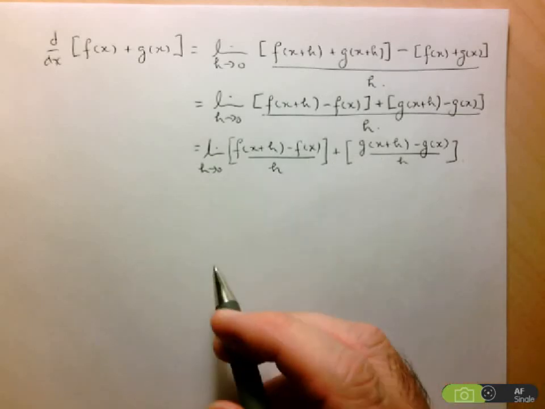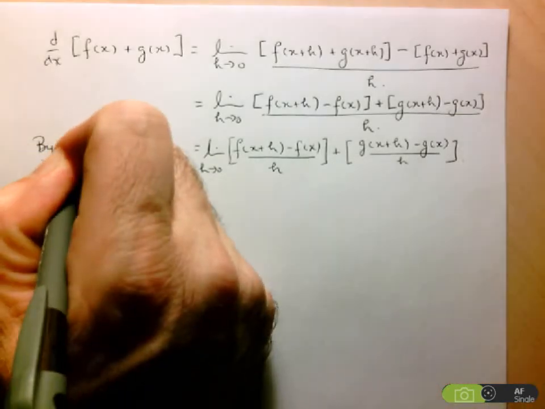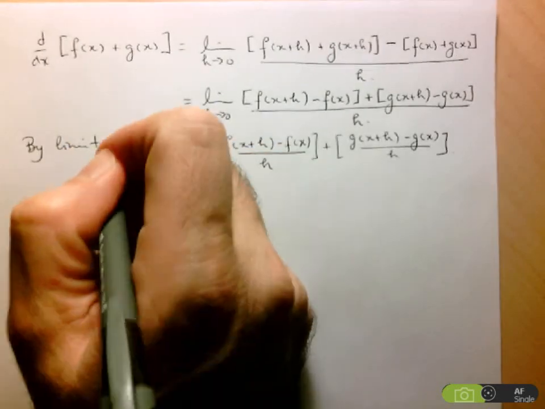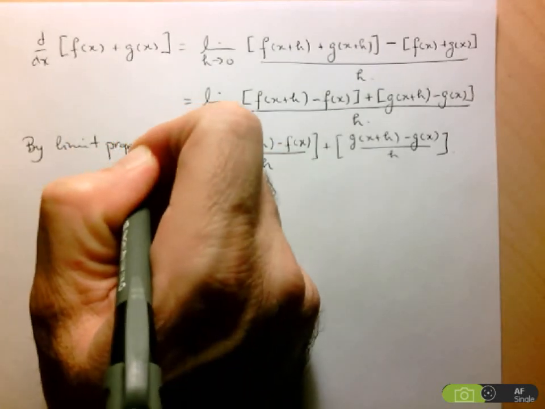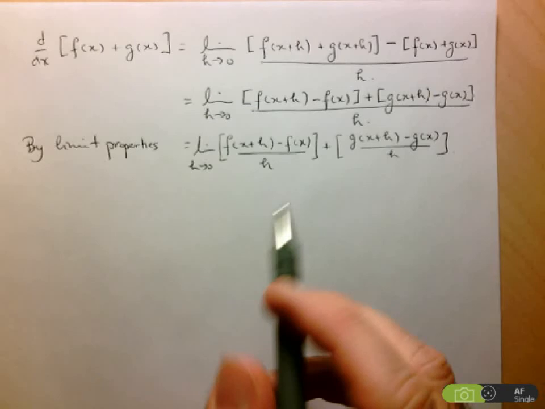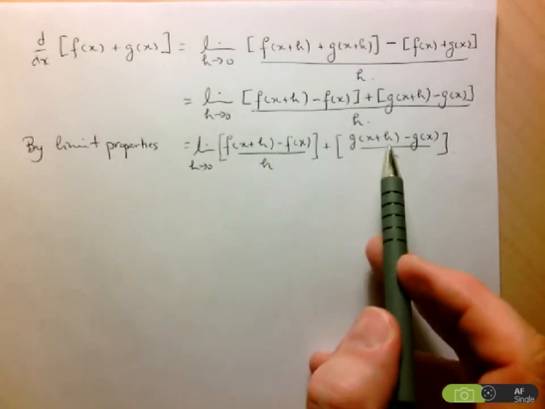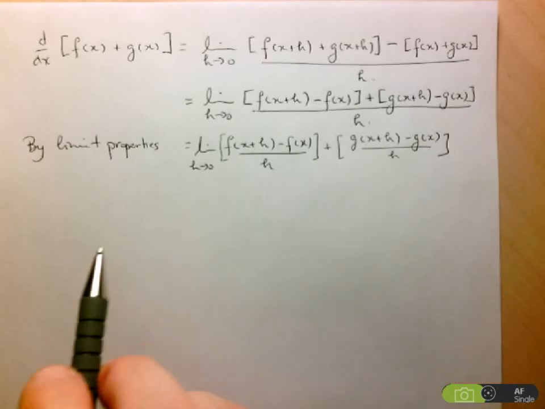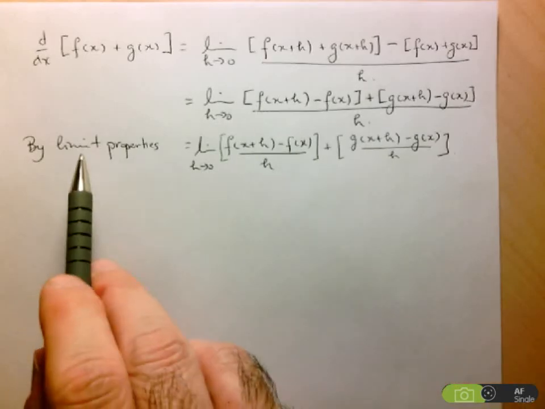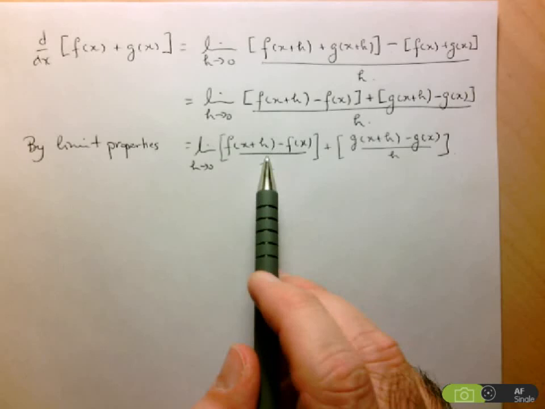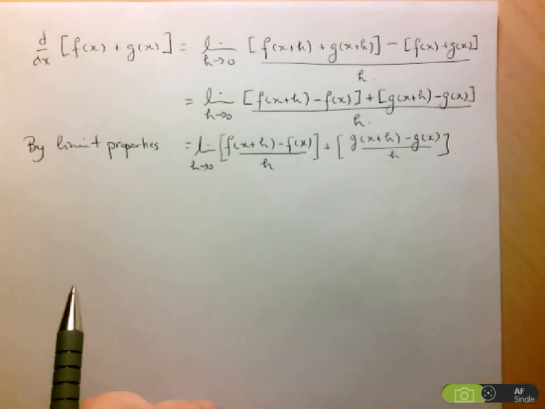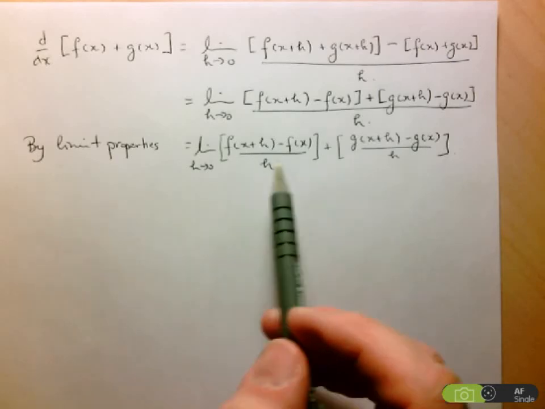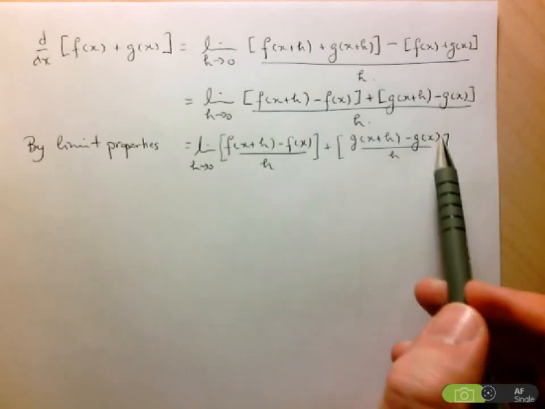So again, by our limit properties, we can write this as the sum of the individual limits. But the limit properties tell us that we can only do this if the individual limits themselves exist. So when we give this property, we're going to have to assume that these two limits exist.